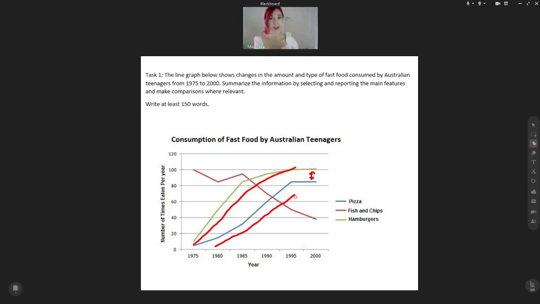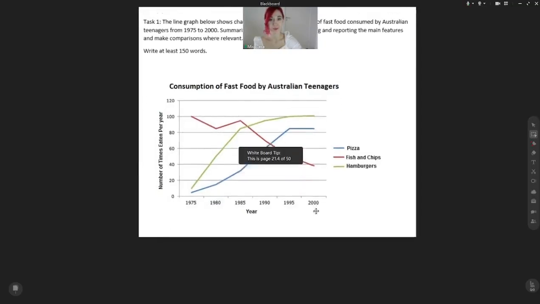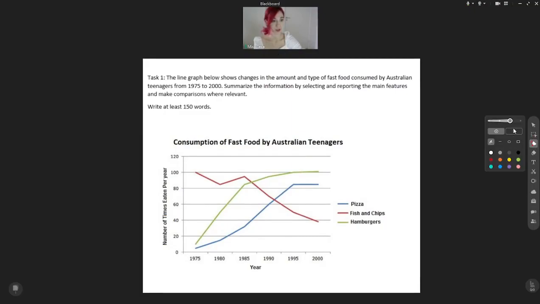This is a really key main feature. And how fish and chips really went down in popularity. Again, another really important key feature. And let's see, another big difference that we want to point out here is this.